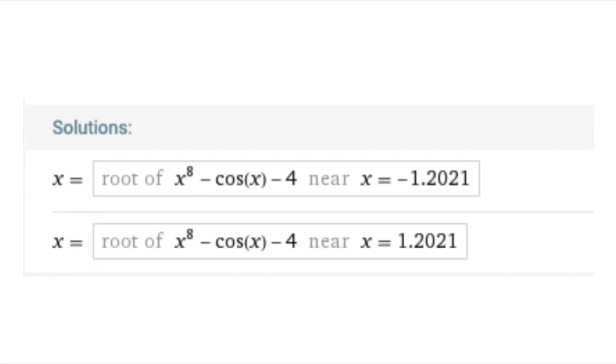So Wolfram Alpha has taken the equation that we've given it, and it has changed it into a root finding question in order to figure out the values for x.